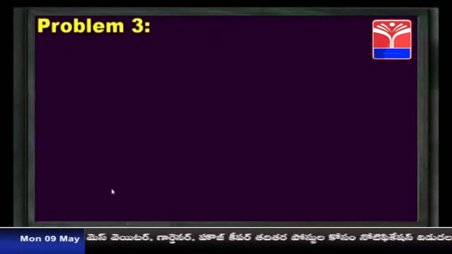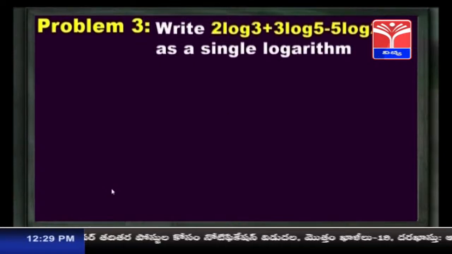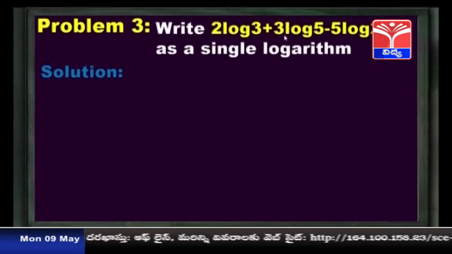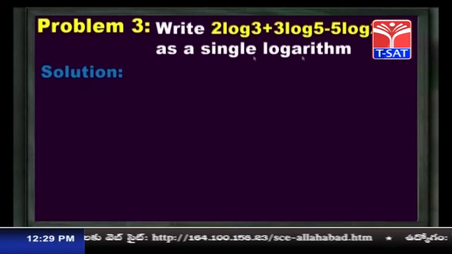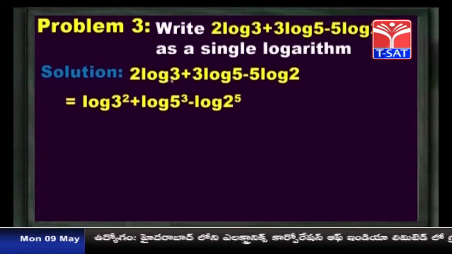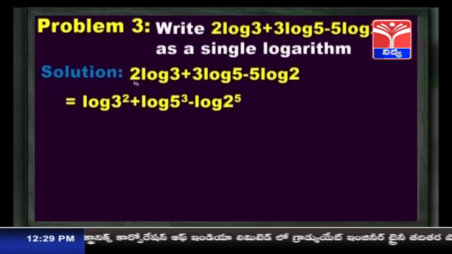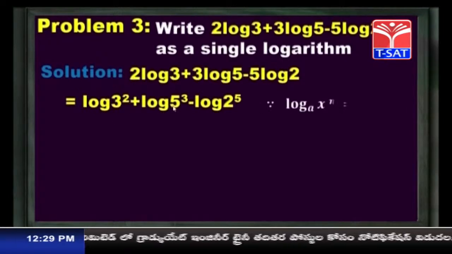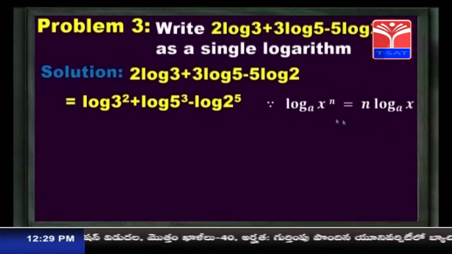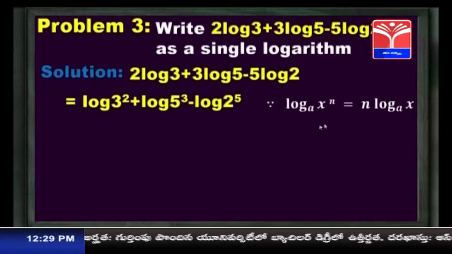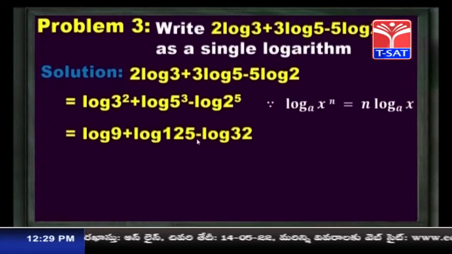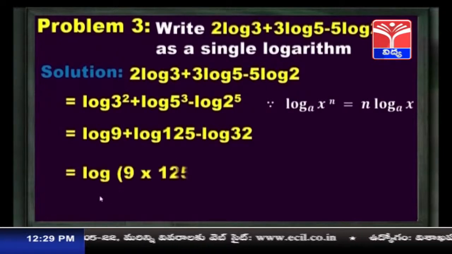The next problem, let us see the multi-logarithm into single logarithm. Write 2 log 3 plus 3 log 5 minus 5 log 2 as a single logarithm. Solution: using the power rule, I can write log 3 square plus log 5 cube minus log 2 power 5. 3 square is 9, so log 9 plus log 125 minus log 32.